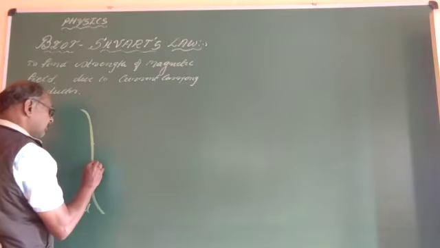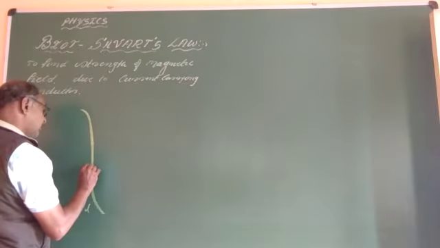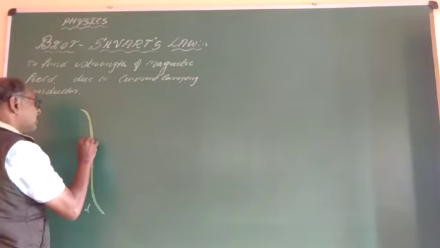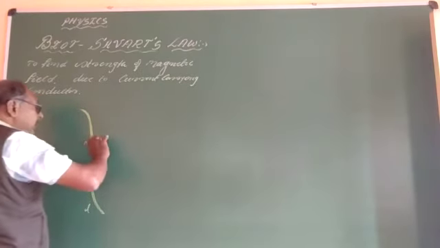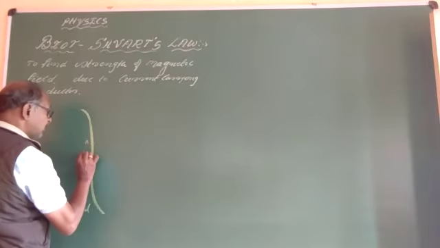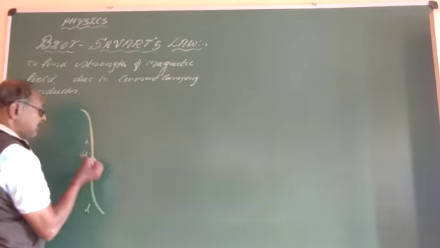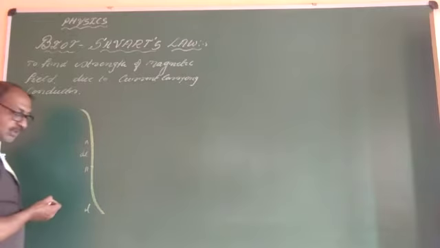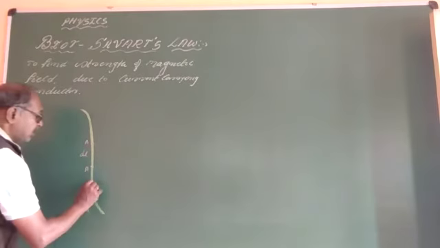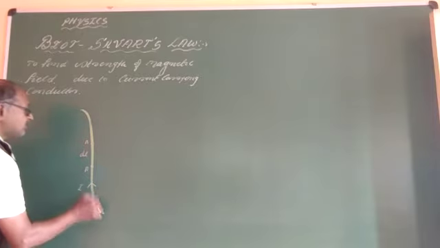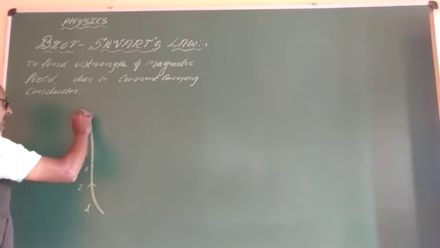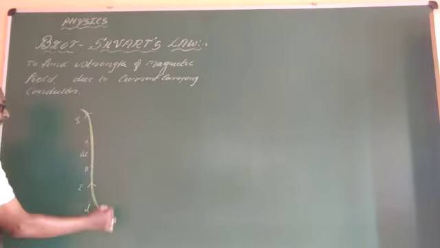This is the point A, and this point is B. This small element, the length is considered as dl. Through this conductor, the current I is passed.